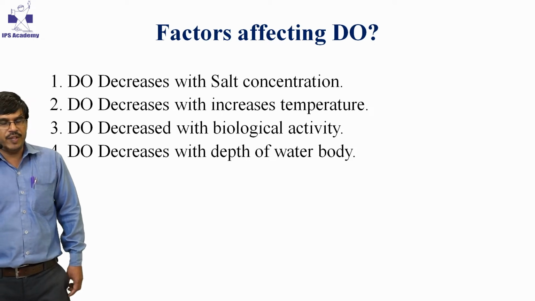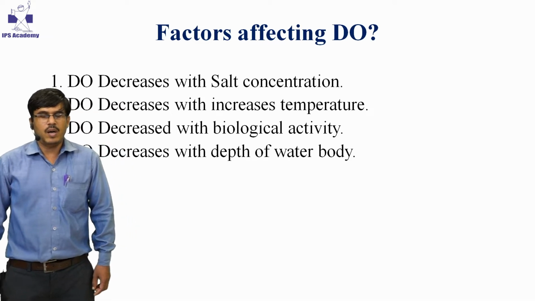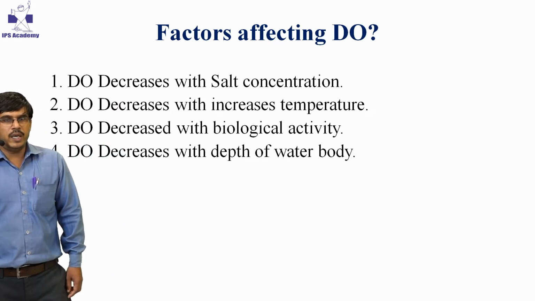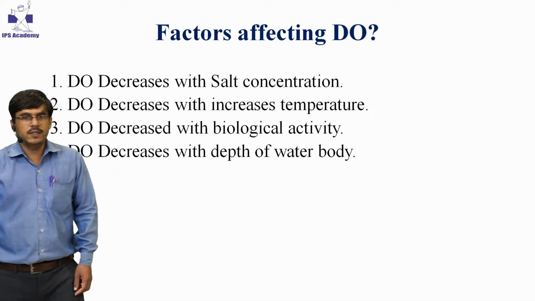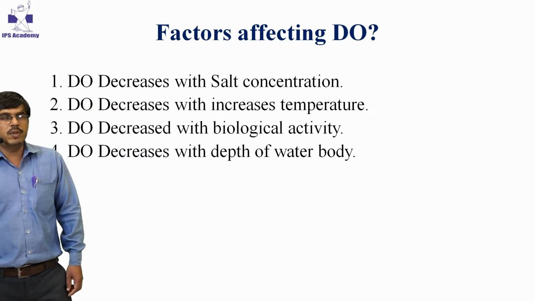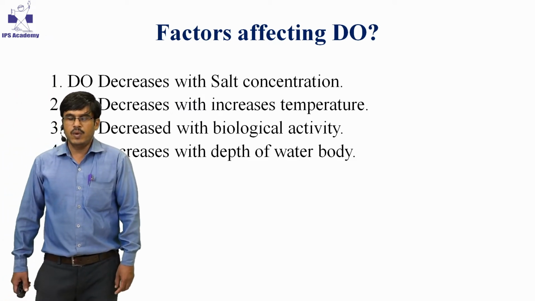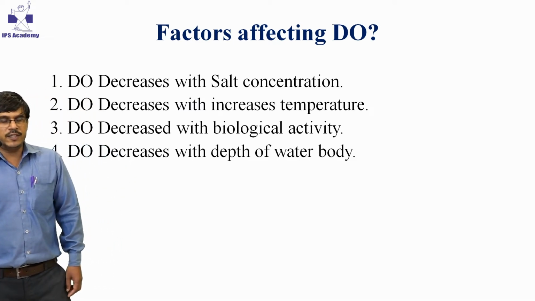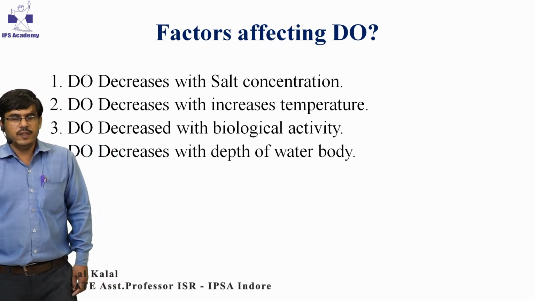Ultimately, at the surface, the concentration of dissolved oxygen is always higher. Other thing is that plenty of light is available on the surface of water, which results in more photosynthesis at the surface. It will eventually increase the DO at the surface.